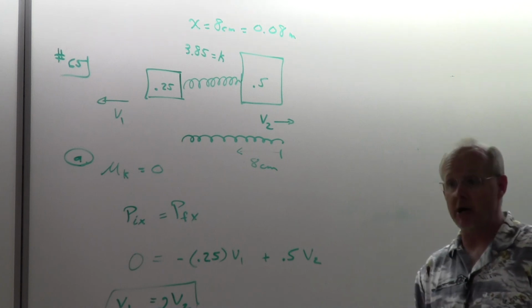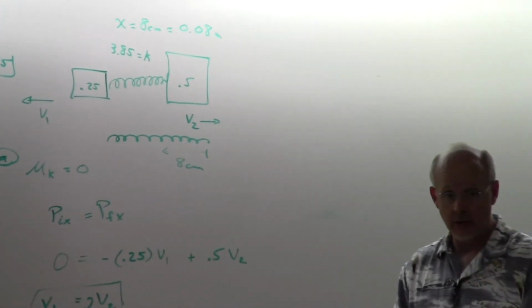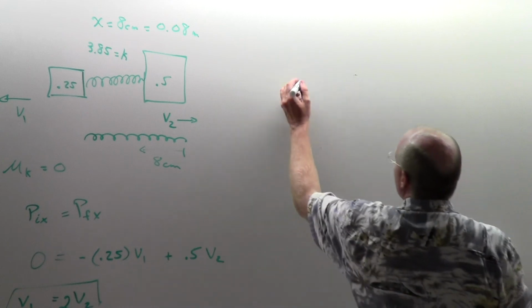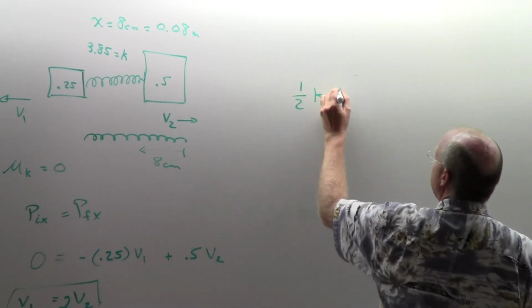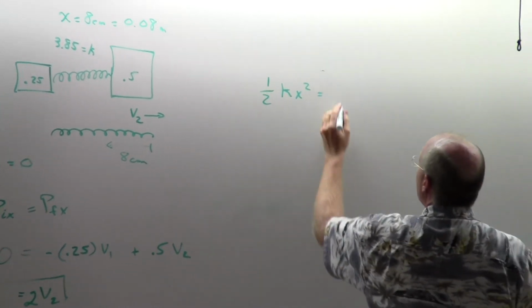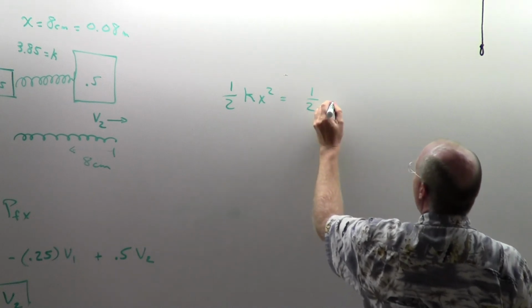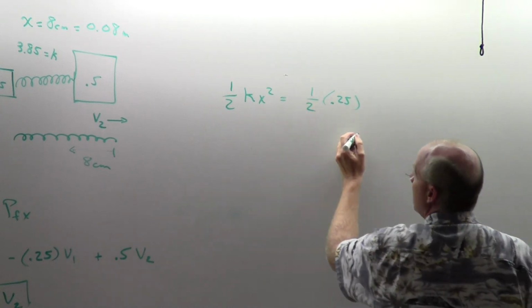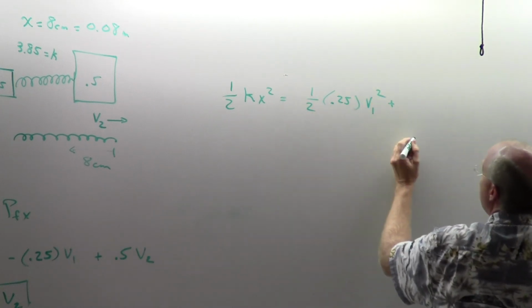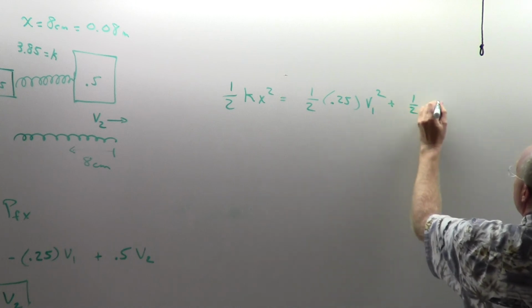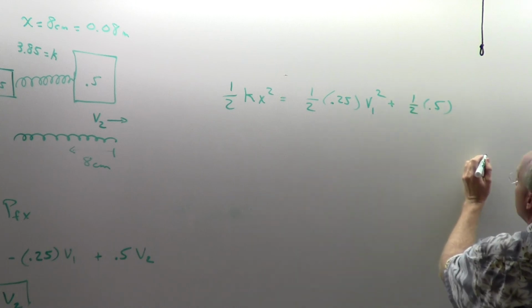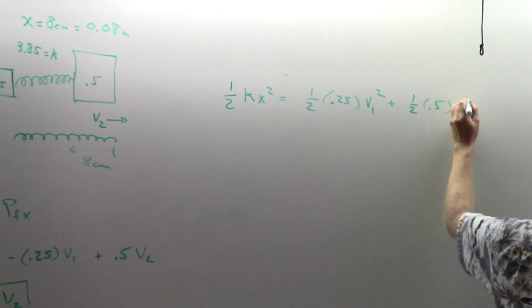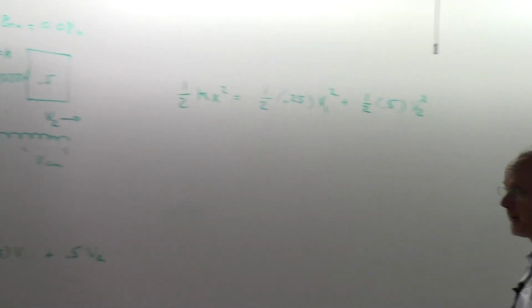But wait a minute, what about conservation of energy? Is that true? Yeah. So the second part of this is 1/2 kx squared would have to equal 1/2 0.25 v1 squared plus 1/2 0.5 times v2 squared.